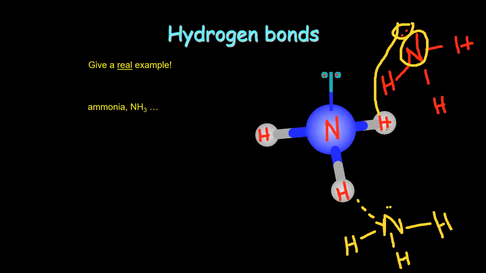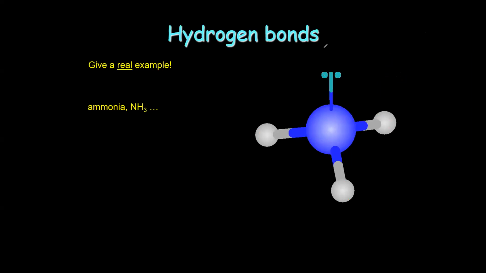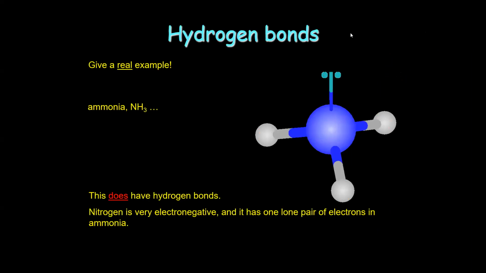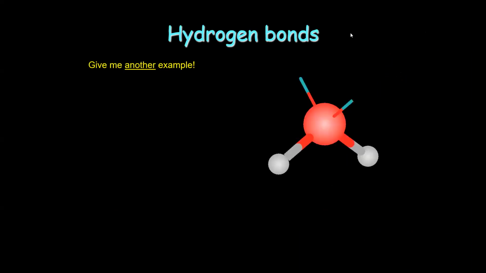The molecule must have an electronegative element that has a lone pair of electrons. Just like water, ammonia can also form hydrogen bonding. So nitrogen is very electronegative and has 1 lone pair of electrons in ammonia.